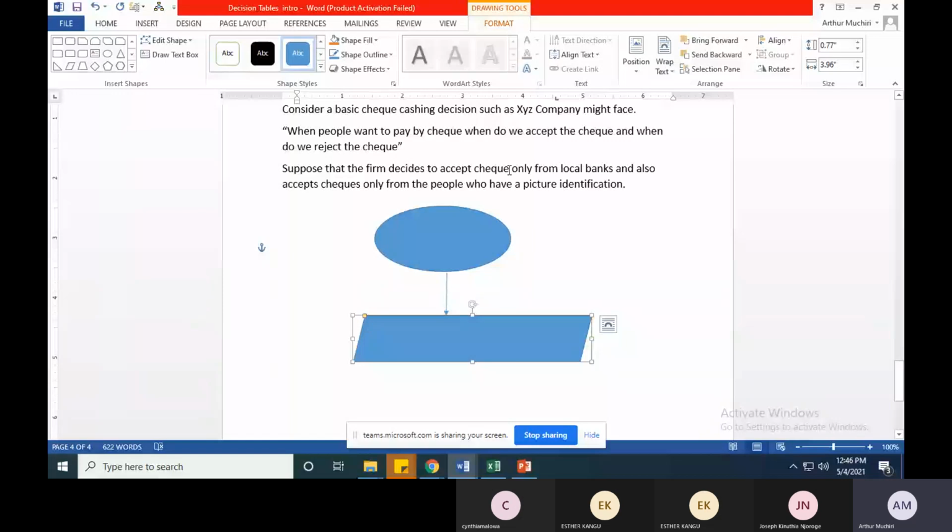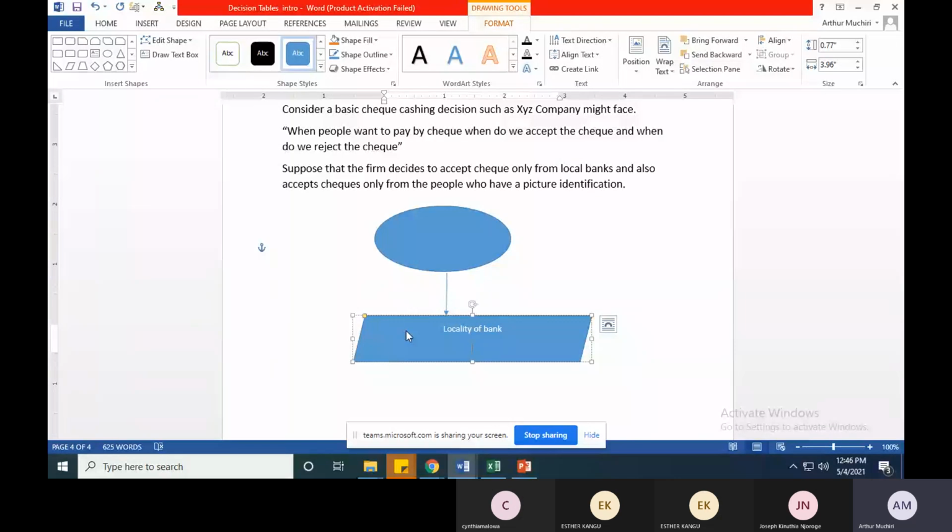Suppose the firm accepts check only from local banks, so what is the input? Name of bank or locality of bank. Let's say it's going to ask you the locality of bank. That is the question asked by the program. So you enter, maybe Nairobi, then the program will know Nairobi is in Kenya. If you say the locality of your bank is in Uganda, it will know what else to do.